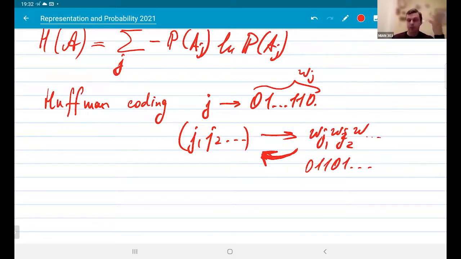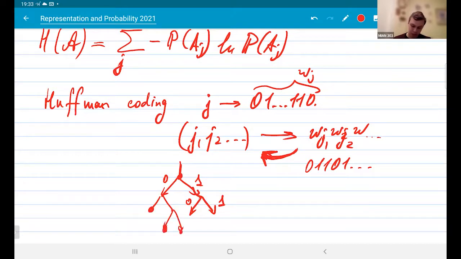One can see that this coding can be done as follows. You should start with a root and construct such a tree. So this is 0, this is 1, and again 0 and 1, and somewhere this stops. For example, like this.